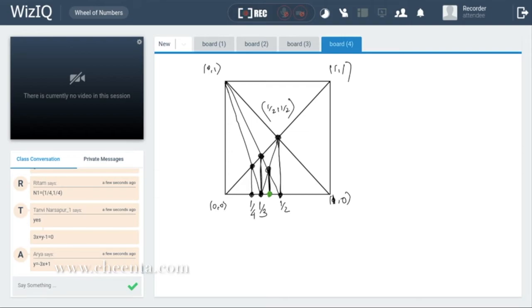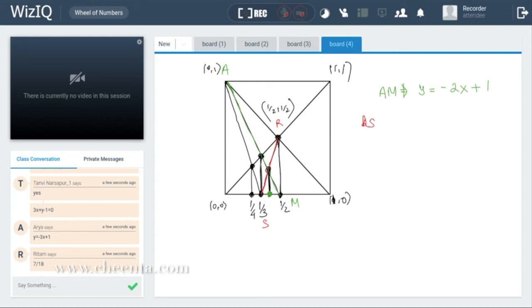So we already have the equation of the line AM. AM was y equals negative 2x plus 1. So we know the line AM's equation. Pritam says 7 by 18. Let's see if that's right. What is the equation of this line? Let's call this RS.